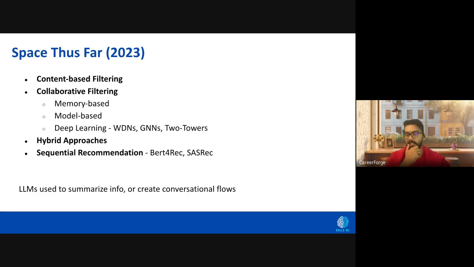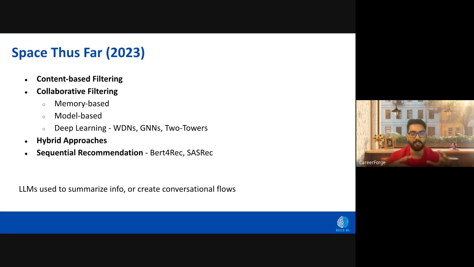Broad queries are like, I'm planning a dinner for 12. Could you give me a menu that's Italian themed that I can serve to these people along with recipes? So that's more of a broad query where there isn't exactly an item, but there's an underlying need, and you want to cater to that need. So LLMs have been used in search and recommendations to facilitate broad queries and a more conversational flow.